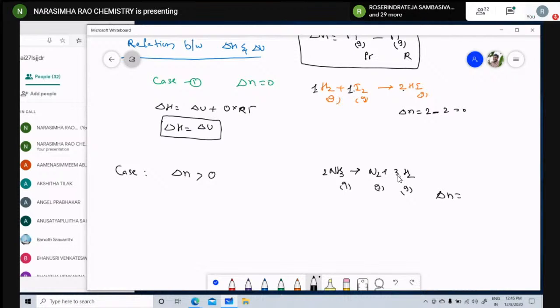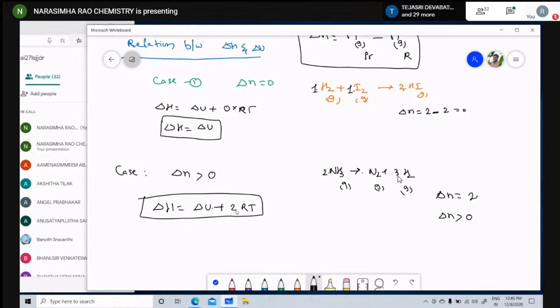Delta n is equal to 3 plus 1, which is 4, minus 2, is equal to 2. So delta n is greater than 0. Delta H is equal to delta U plus 2RT. Adding this factor, delta H is greater than delta U.